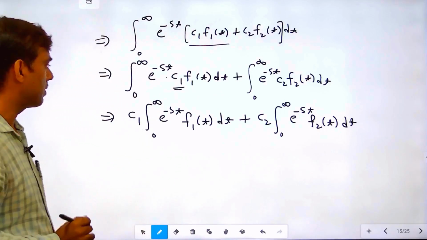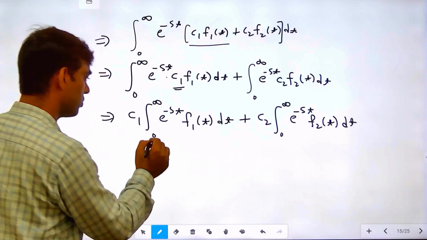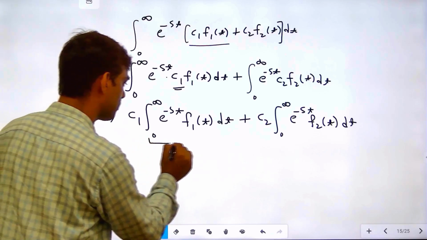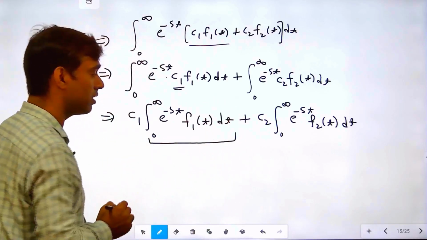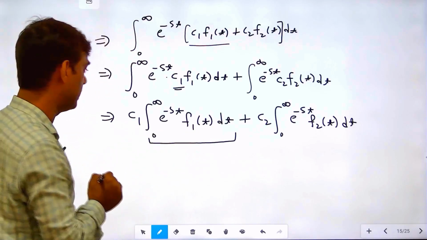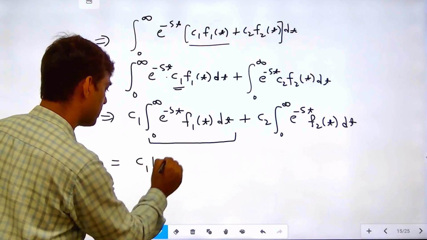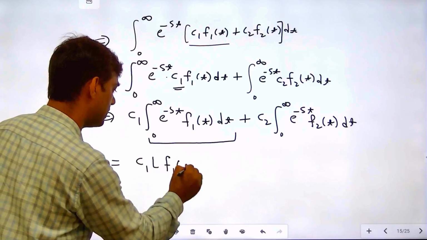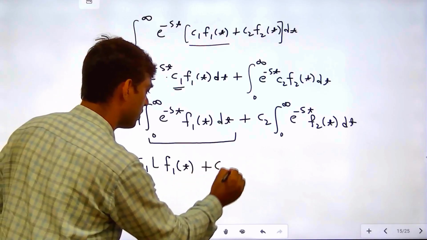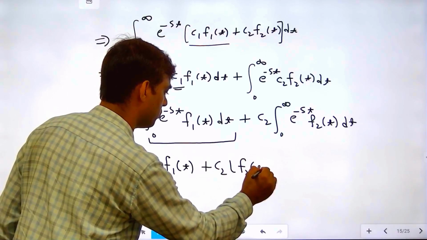Now again using the definition of a Laplace transform, the first integral is the Laplace transform of f1(t). So this becomes c1 times the Laplace transform of f1(t) plus c2 times the Laplace transform of f2(t).